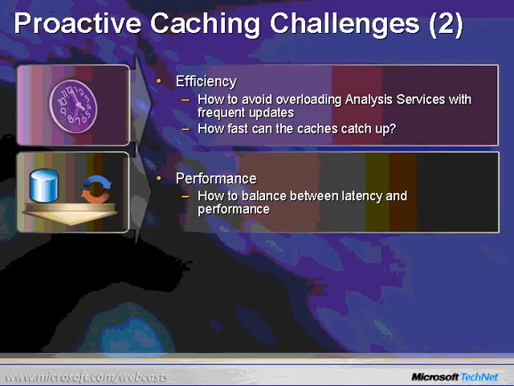Really, the primary performance issue with proactive caching is finding that balance in your environment. This is my favorite answer in all of computers, right? Depends. It depends on the balance between latency and performance. Inside of any environment, these are conflicting ideas, and we have to decide how to balance them.